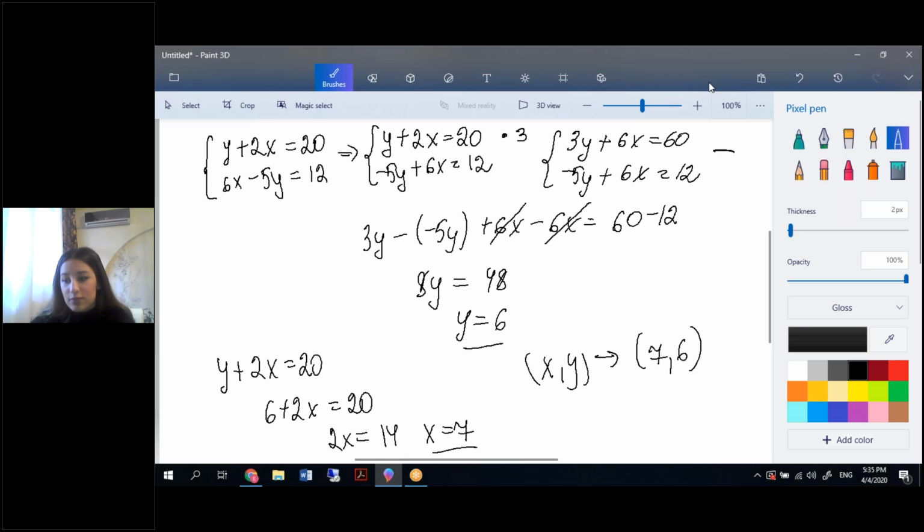So we have the last one. It's quadratic equations.